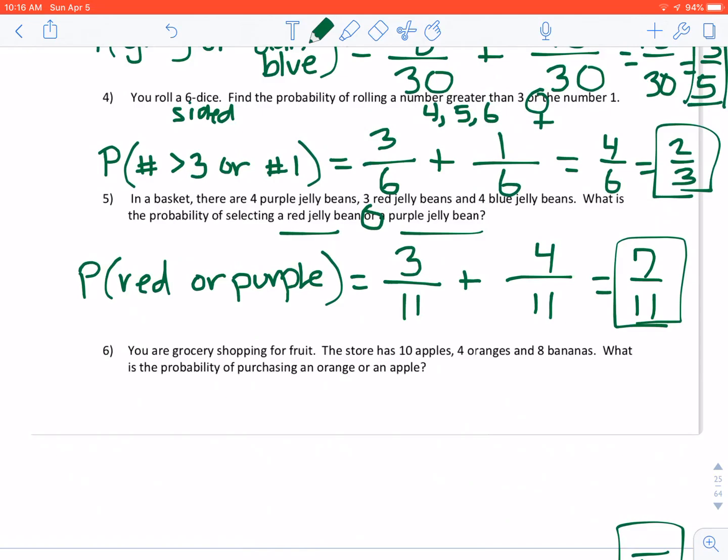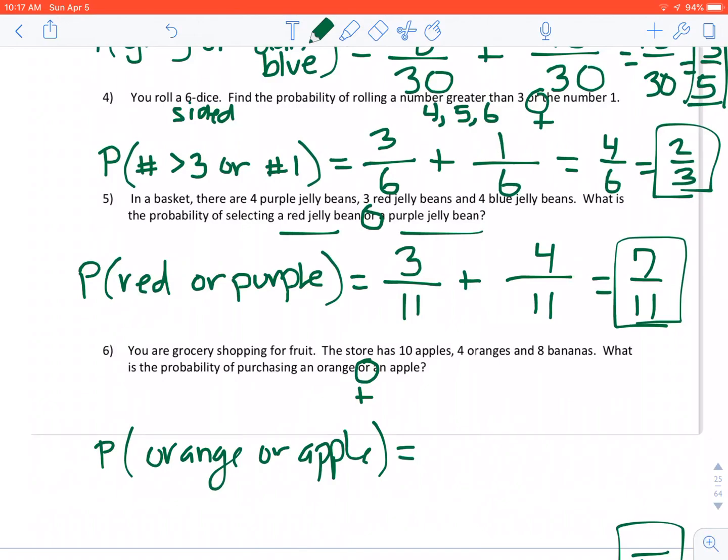Okay, number 6. You are grocery shopping for fruit. The store has 10 apples, 4 oranges, and 8 bananas. What is the probability of purchasing an orange or an apple? So probability of orange or apple.